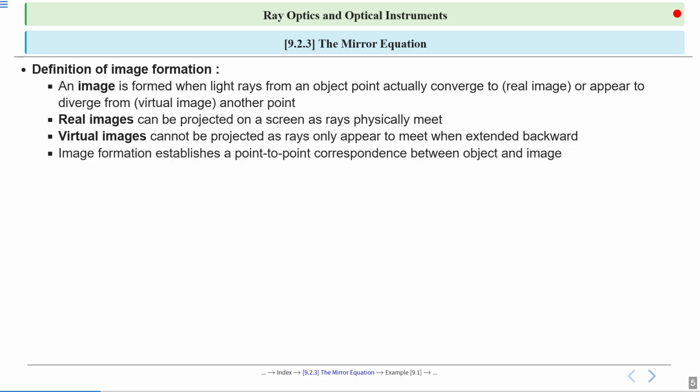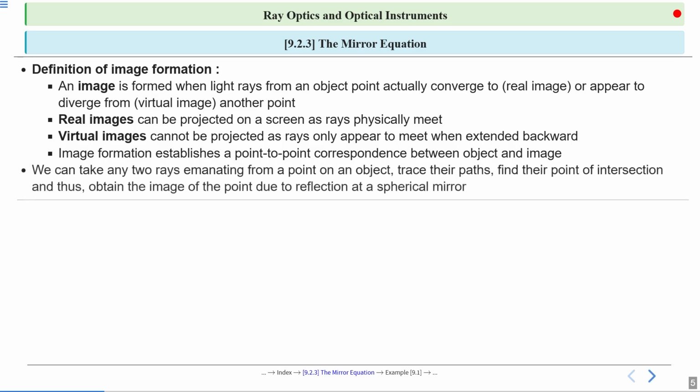Image formation establishes a point-to-point correspondence between the object and image. We can take any two rays emanating, meaning emerging or starting, from a point on an object placed in front of the mirror. To form an image, we have to consider any two rays starting from any point on the object.